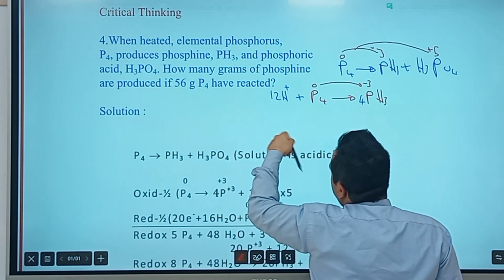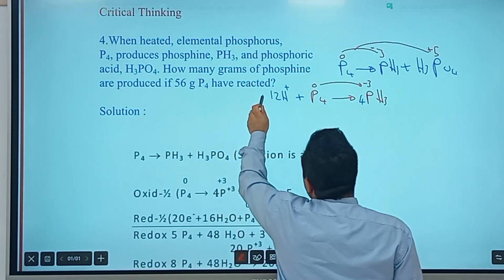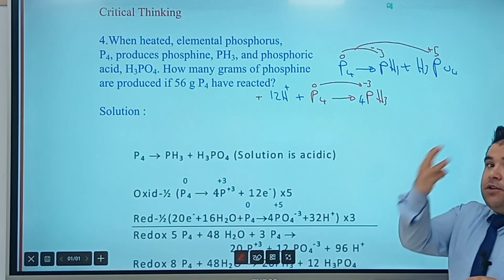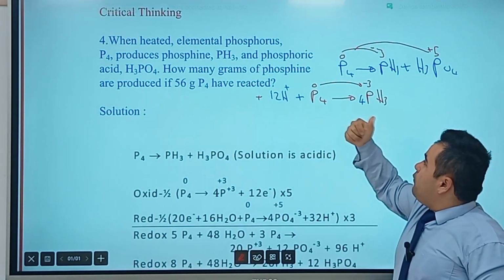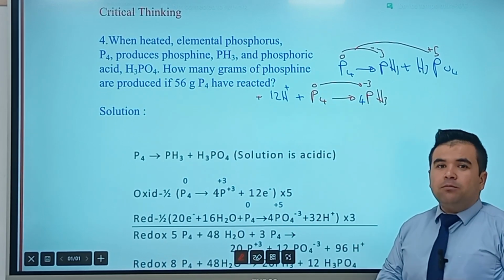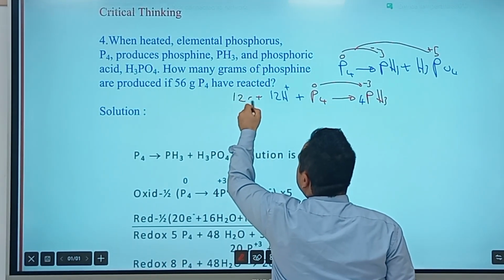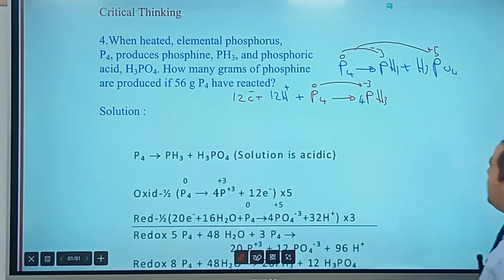How many electrons must be added to the reactant side? 0 to -3 is 3 units. How about this for one atom? How about for 4 atoms? 4 multiplied by 3, we have to add 12 electrons to the reactant in order to balance the atoms.